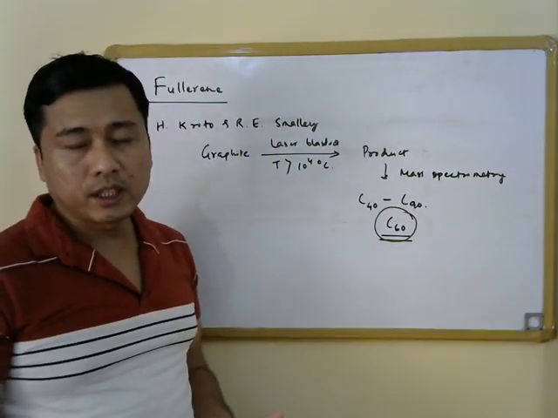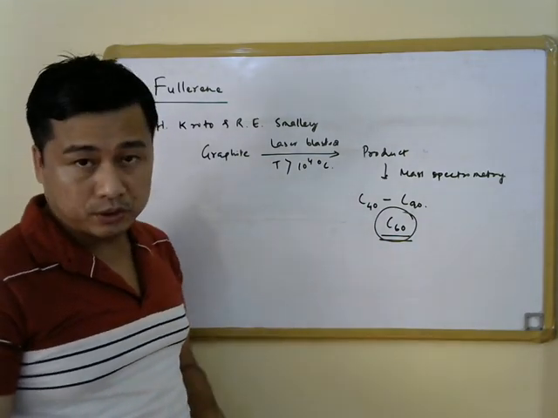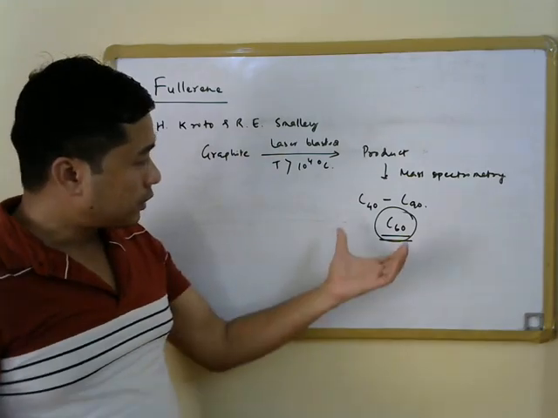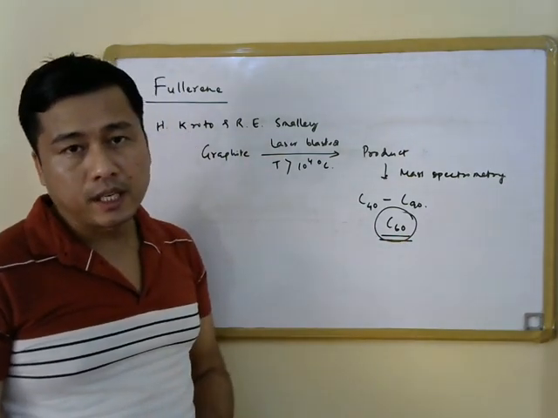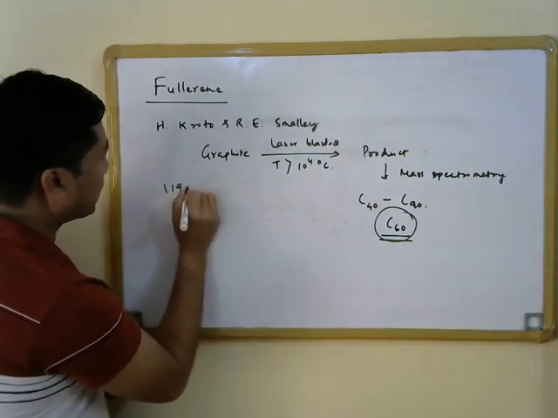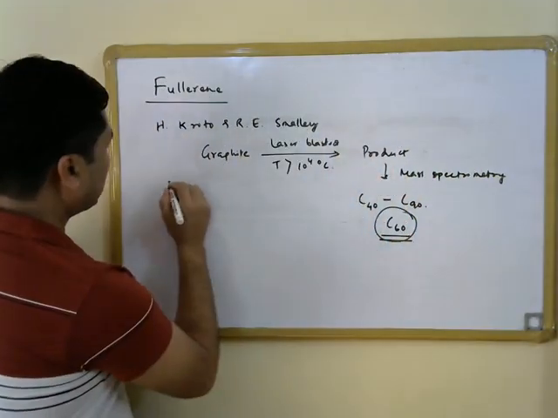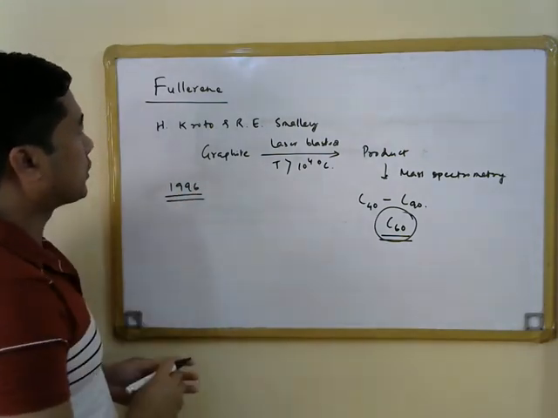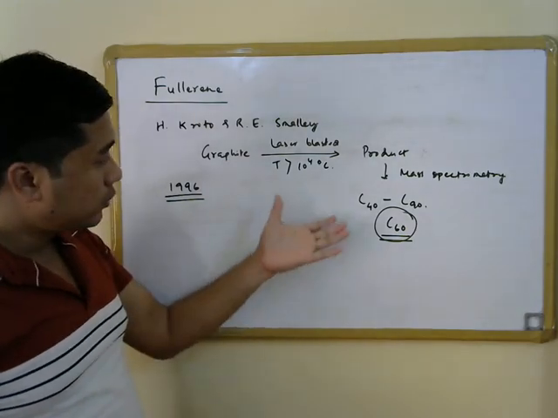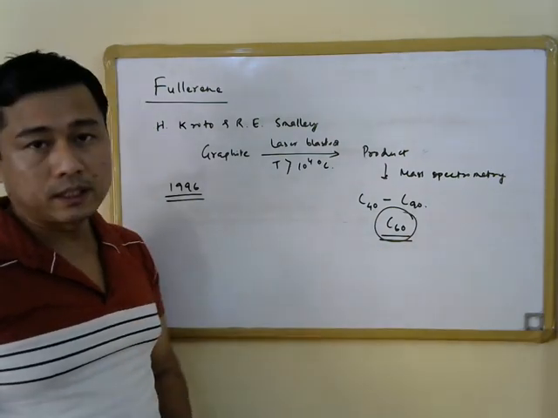This was the initial identification of Buckminsterfullerene, or preparation of fullerene, and Kroto and Smalley went on to discover the structure of C60 as well, and for this they were awarded the Nobel Prize in Chemistry in the year 1996. The 1996 Nobel Prize in Chemistry was awarded to Harold Kroto and Richard Smalley, as well as Curl, for discovering C60, the molecular allotrope of carbon, as well as illustrating the structure of C60.